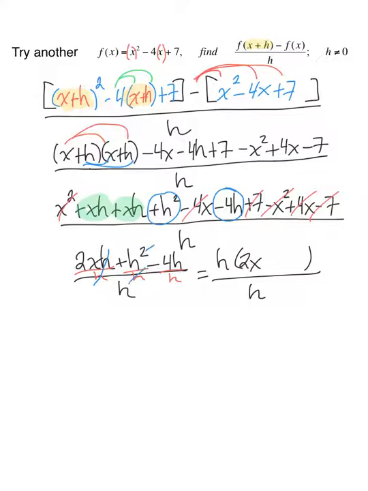Here, this h cancels with one of those, so I'm left with a positive h. And then here the h's cancel, and you have a minus 4. So now that you factor this h out in front, it can finally cancel with the h in the denominator. So this h cancels with that h. And for your final answer, you have 2x plus h minus 4.